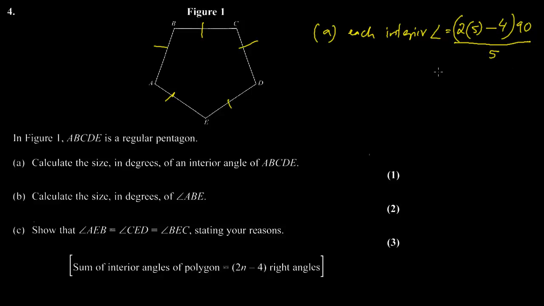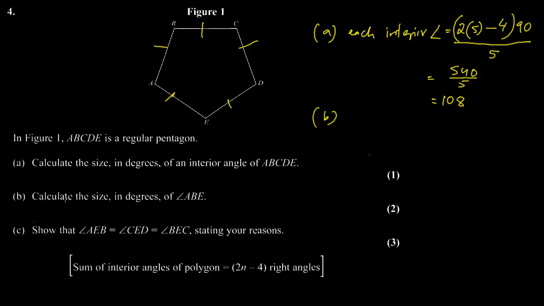So each angle is this divided by 5. 2 5s are 10, 10 minus 4 is 6, 6 into 90 is 540, divided by 5. So 540 divided by 5 is 108. So that is each angle.